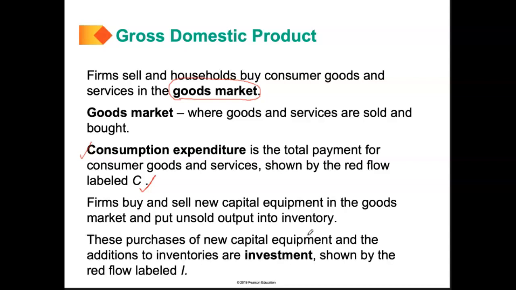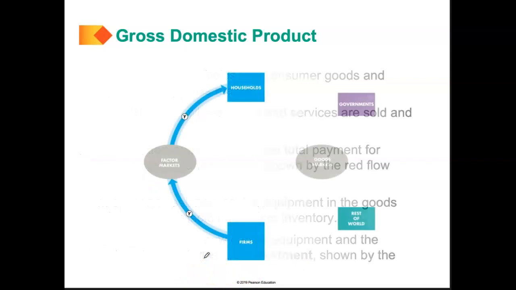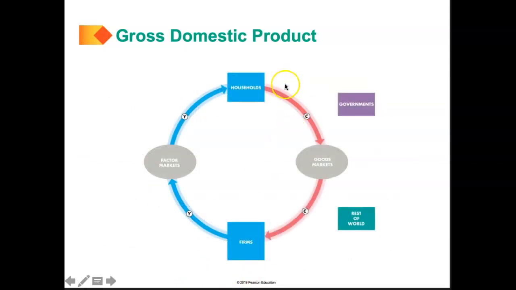This is known as investment and is usually shown by an I. So households go into the goods market and buy goods and services, and this comes in the form of income to firms, as we've seen by the C and by the red arrow. In some cases, firms also buy investments.